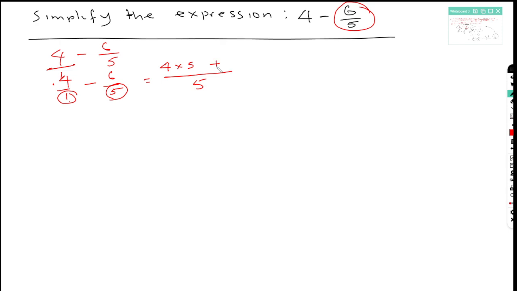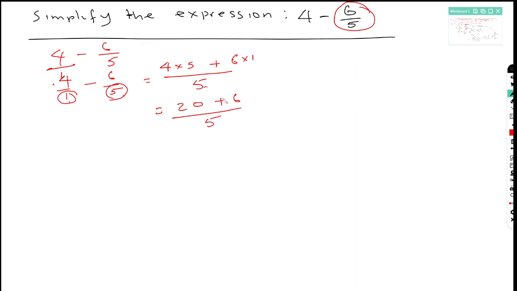Then 5 divided by 5 is 1, times 6, so that is 6 times 1. That means this will be 20 plus 6 over 5.